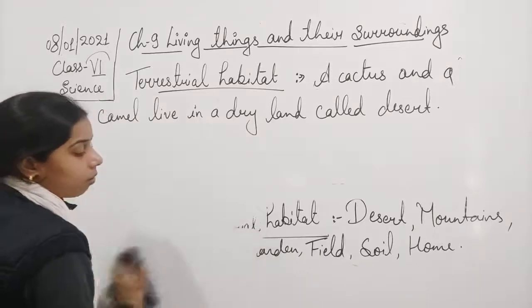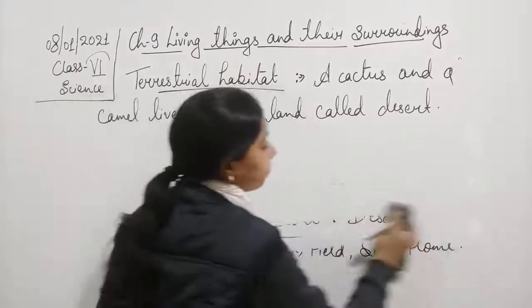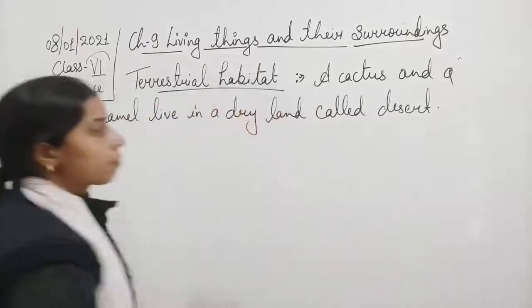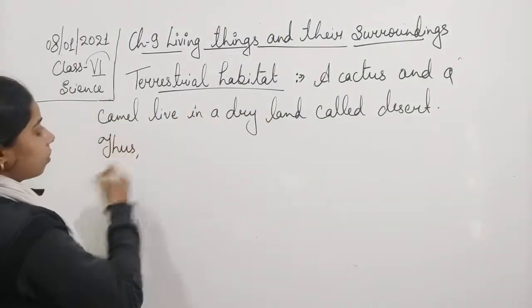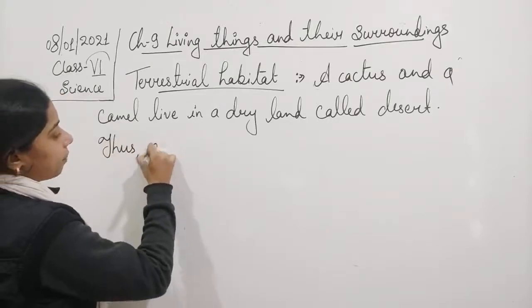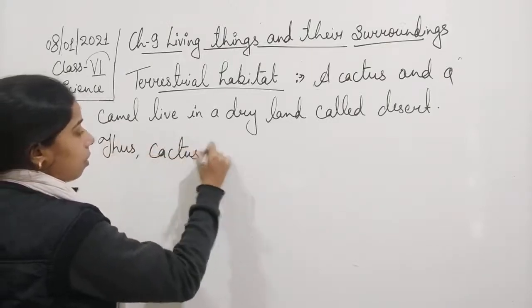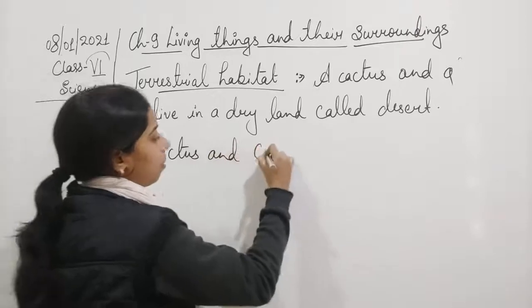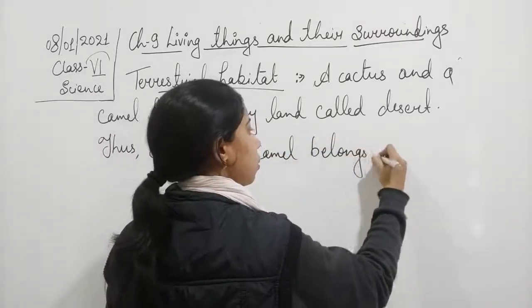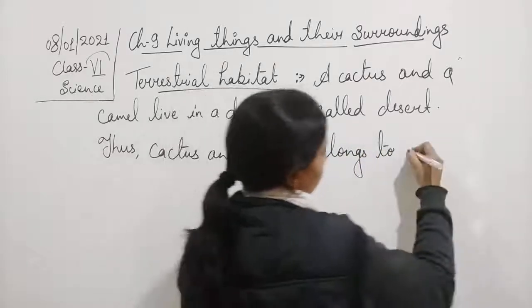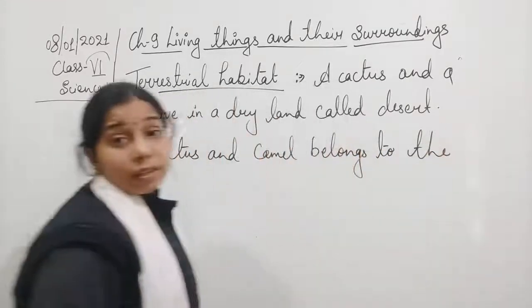Okay, so we can write it. Thus, cactus and camel belong to the terrestrial habitat.